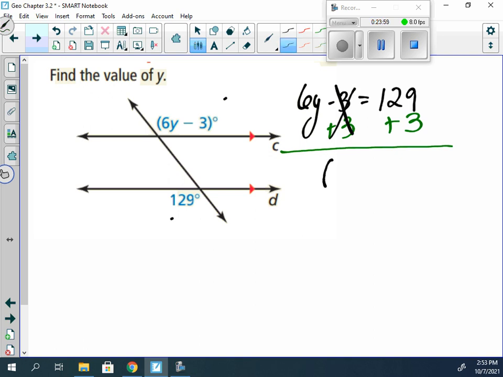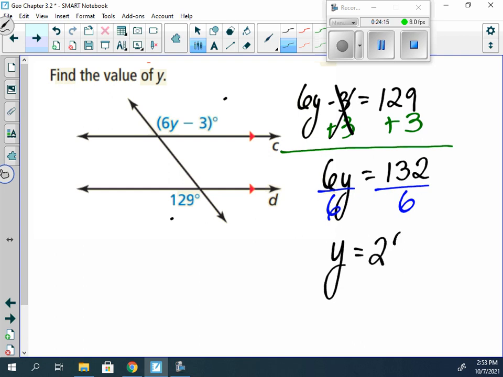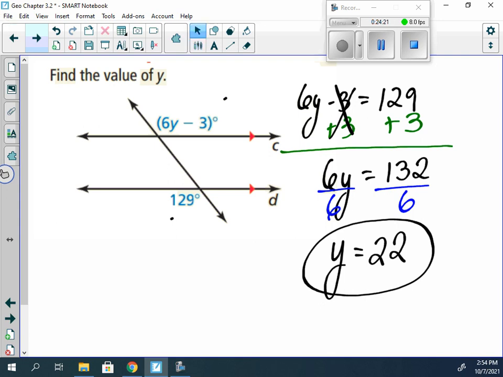These cancel, telling me 6y is equal to 132. And now what do we do? Divide both sides by 6. Y is equal to 22, and that's it.